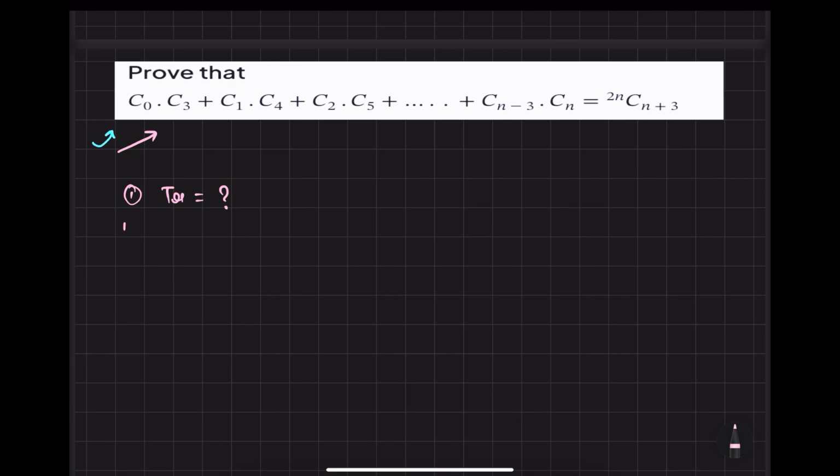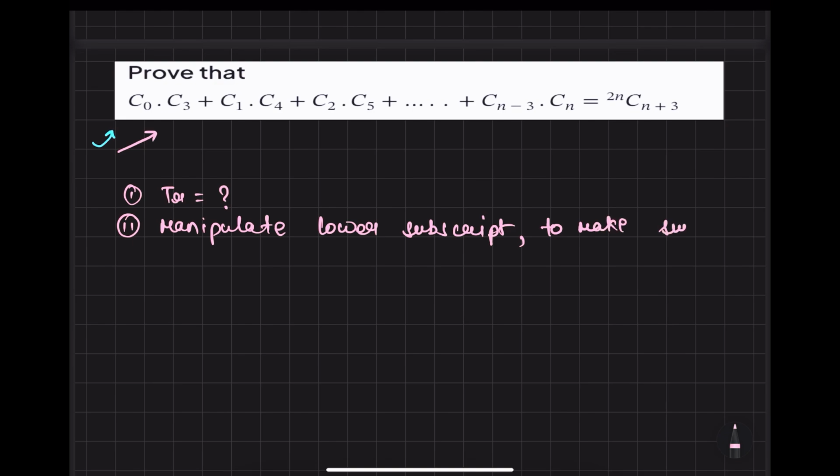Now second step, you have to manipulate the lower subscript to make the sum free from r.